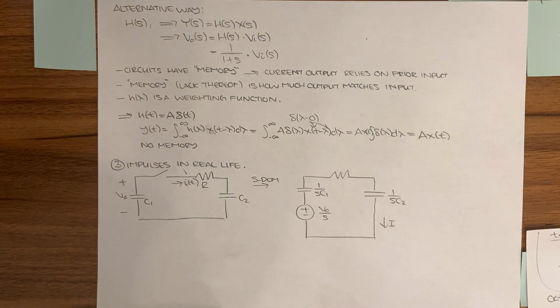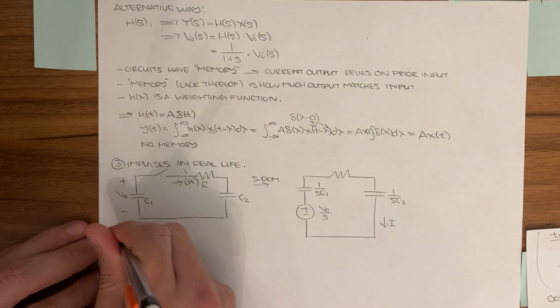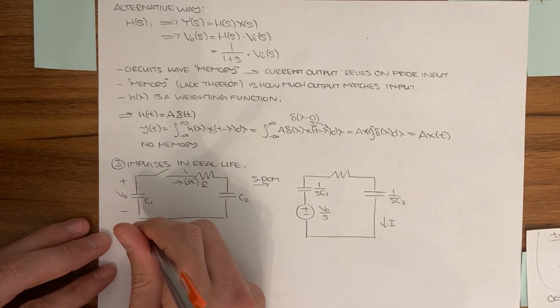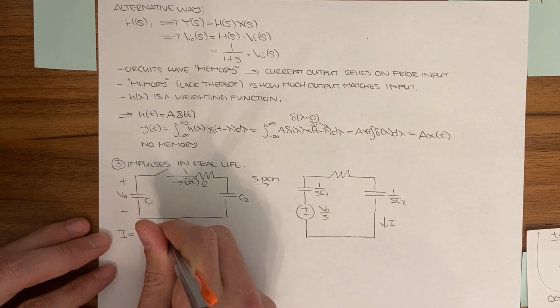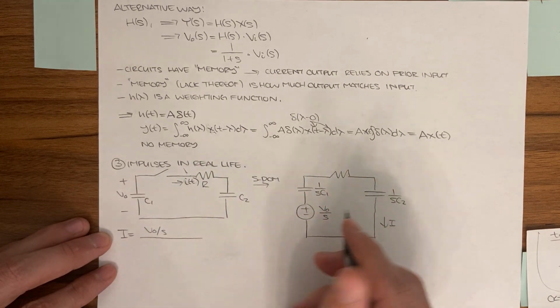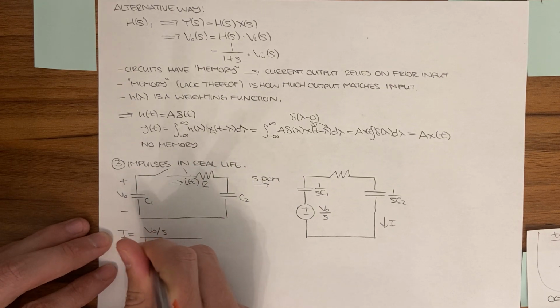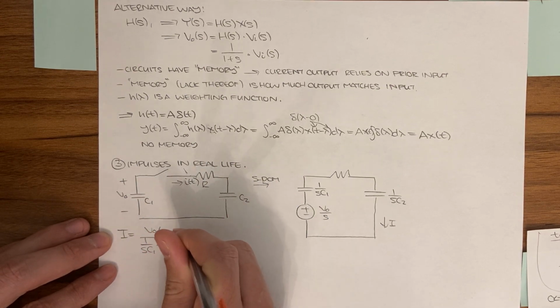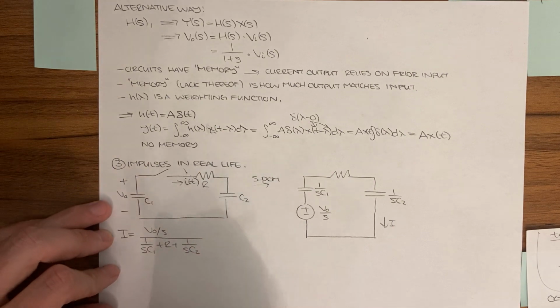Okay, cool. So if we solve for that current, then it's essentially just the voltage, V naught over s, over all these elements in series. So you have 1 over sC1 plus R plus 1 over sC2.